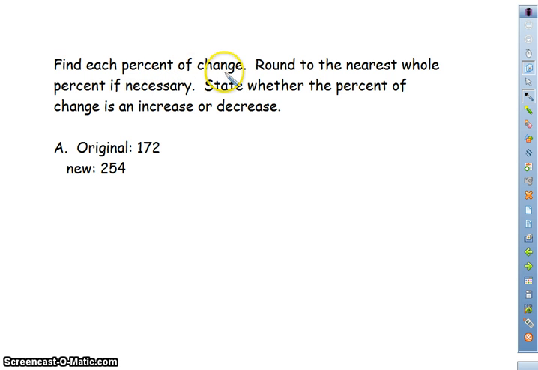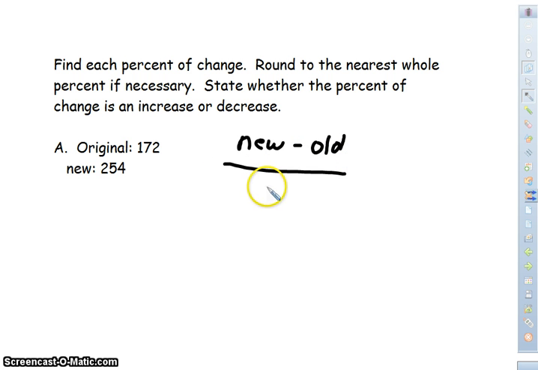Find each percent of change. Round to the nearest whole percent if necessary. Remember the equation that we are trying to use, which is new minus the old over the original. Okay, or old for that case as well.